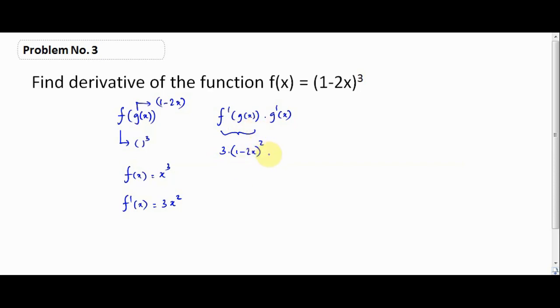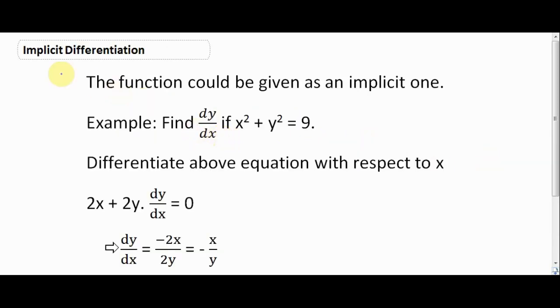That into g dash of x, that is derivative of g of x, will be derivative of 1 minus 2x, that is minus 2. So here the answer will be 3 into minus 2, that is minus 6 into 1 minus 2x whole square. Now let's move on to the next topic, that is implicit differentiation.